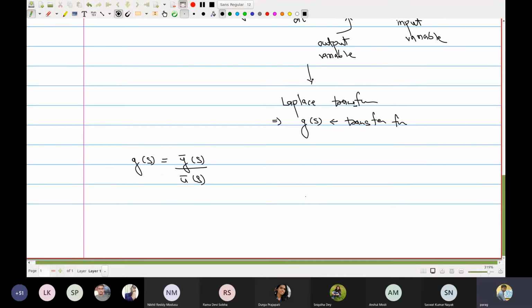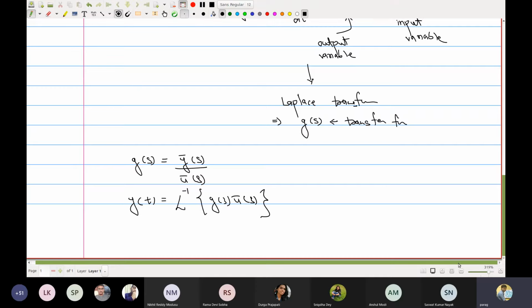So therefore, when you want to know y of t, this is basically the inverse Laplace transform of G of s times u bar of s, right?